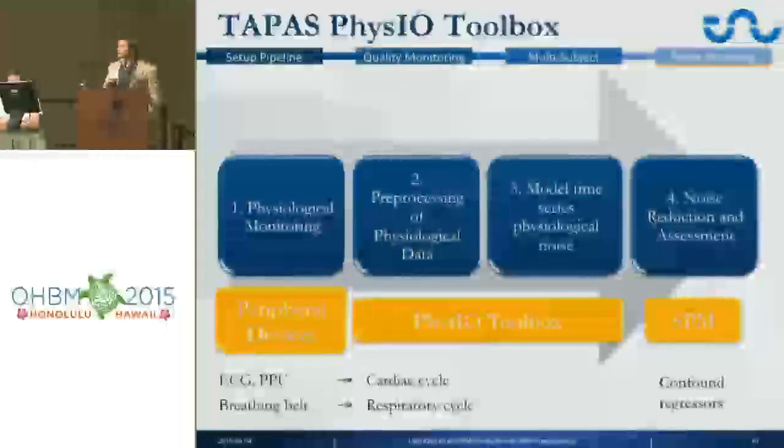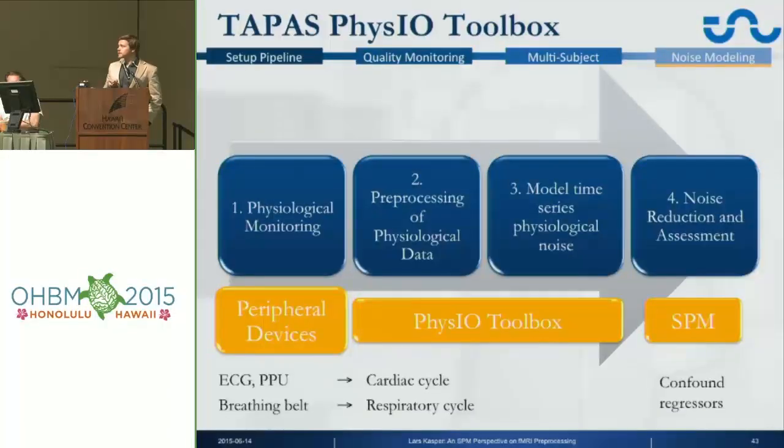And the toolbox actually takes physiological monitoring data from ECG, PPU, breathing belt, preprocesses them in terms of peak detection, denoising, because especially at high field, ECG data is really noisy, and then models the time series of physiological regressors that can then be input as nuisance regressors into SPM. So this is, again, the noise reduction itself, part of the general linear model.